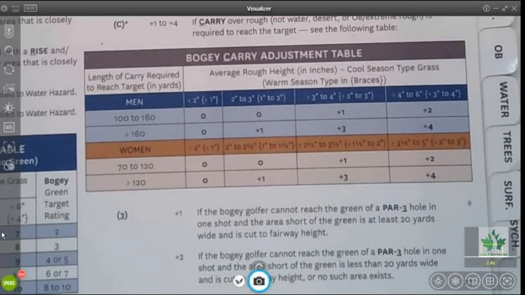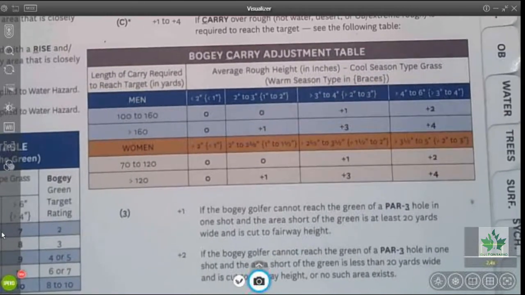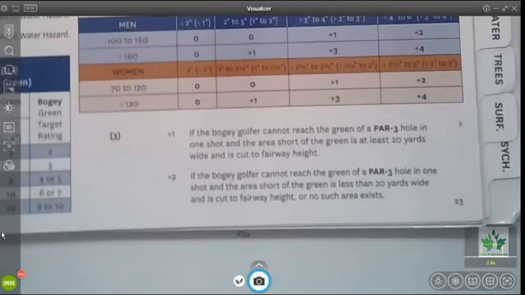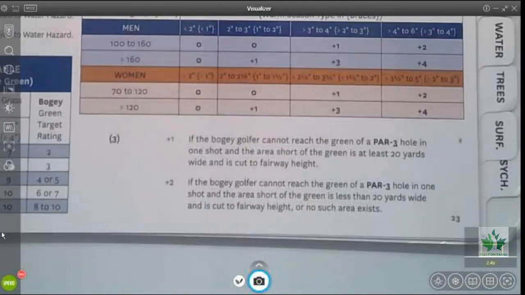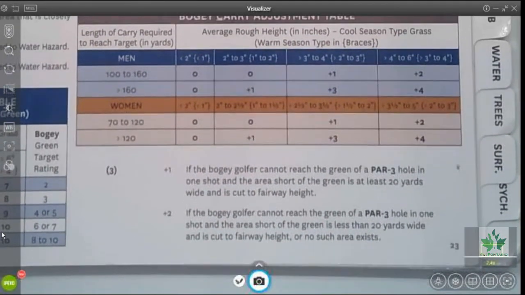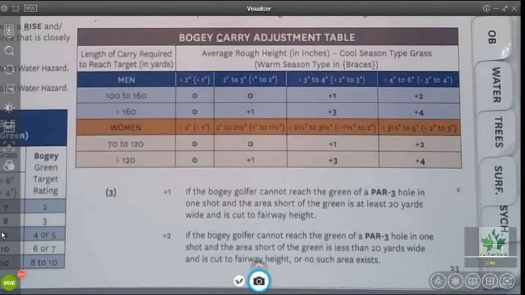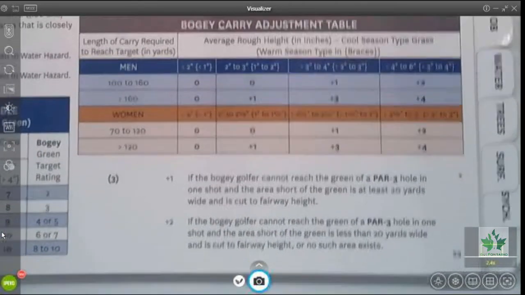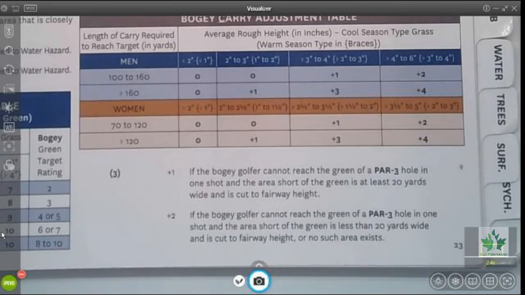The next one is a really important one, the one you have to bring into play when you have an unreachable par 3 for the bogey golfer. That is, for the women, a par 3 that's from 150 to 210 yards. 210 is the top level for a par 3, and 150 is as far as the bogey woman can hit it. So for her, it feels like a par 4.